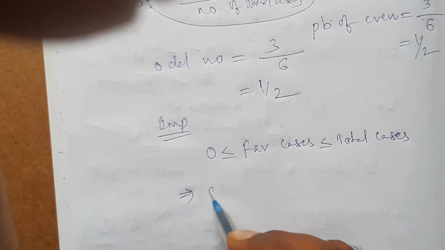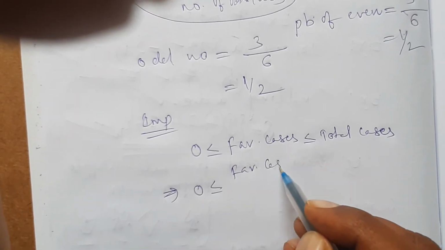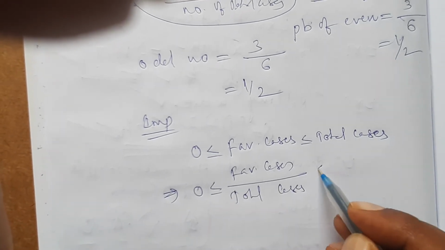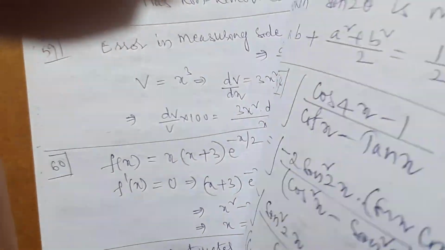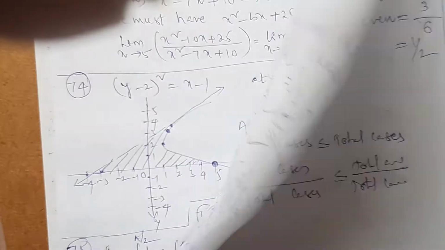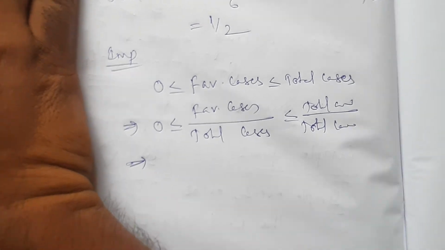Now 0 by total cases less than or equal to favorable cases by total cases, less than or equal to total cases by total cases. Here I am dividing the entire inequality by the total cases.